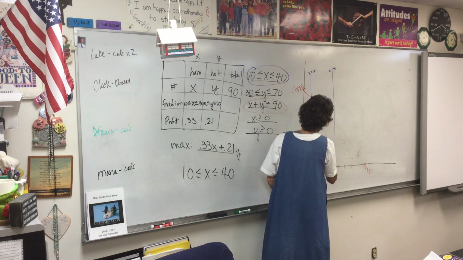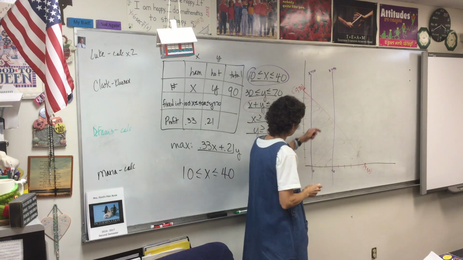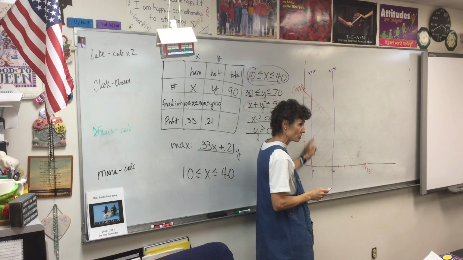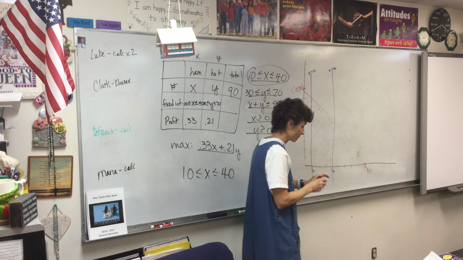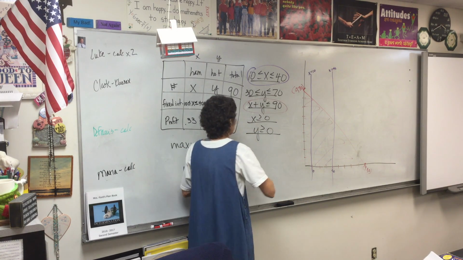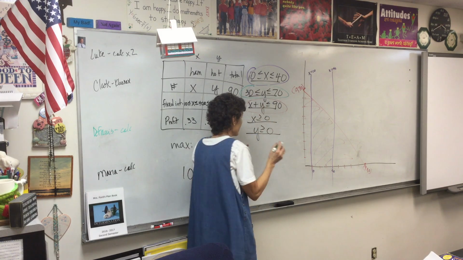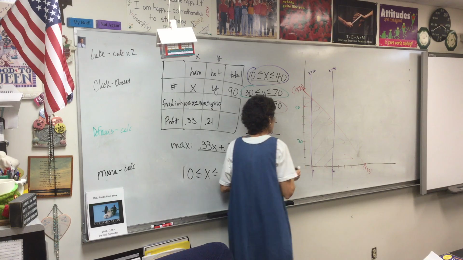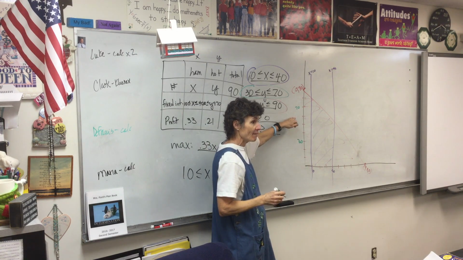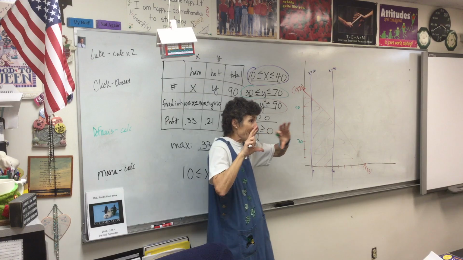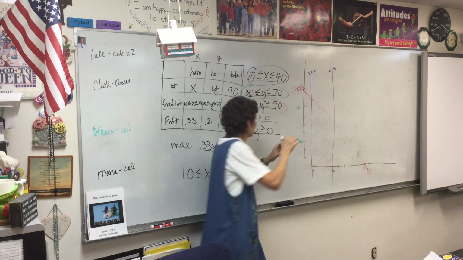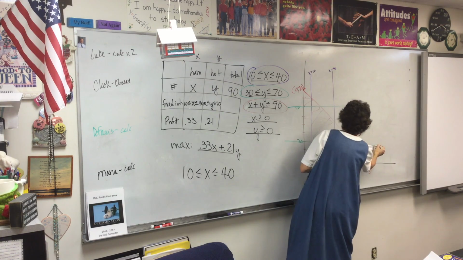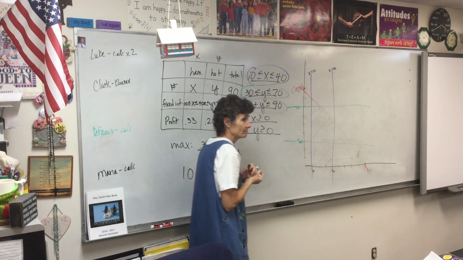So I'm only going to shade in this part right here because I'm looking for the part that is red and purple both. So far, would you say it's that section right there? Does that look okay? Now, this says that whatever your y's are, they're between 30 and 70. So your y's have to be in this strip right here.